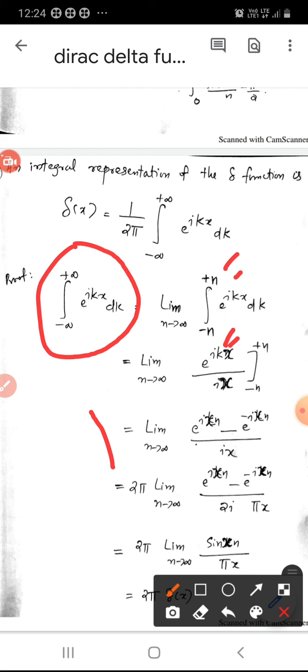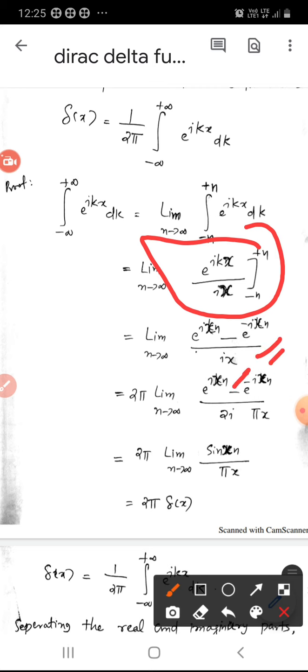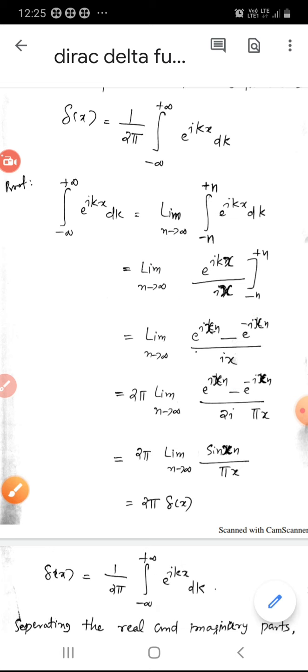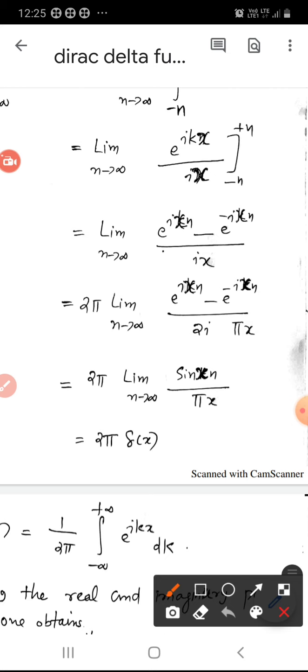As we integrate with respect to k, you will get exp(ikx)/(ix) with limits minus n to plus n.